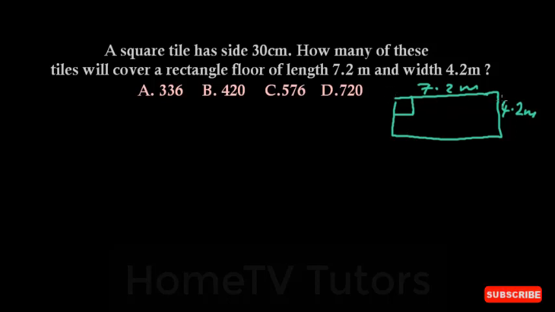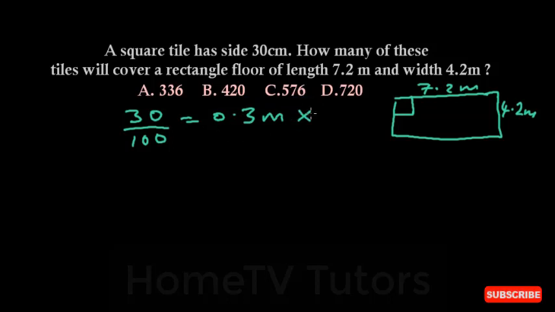So we need to first of all calculate the area of the rectangle and divide that by the area of the single tile. Then from there we know the total number of tiles that are going to cover this rectangle. So we start. First of all, we convert the 30 centimeter into meter, that is dividing it by 100, and that gives us 0.3 meter.